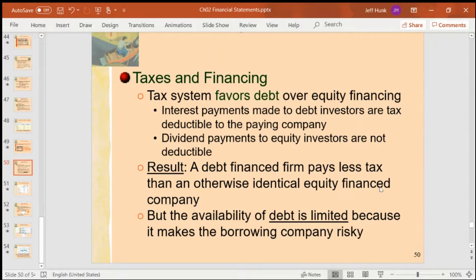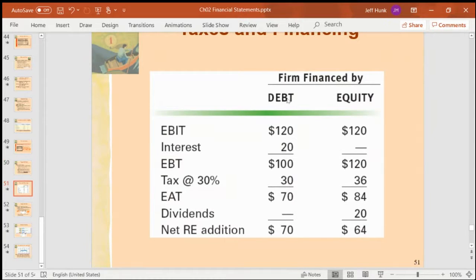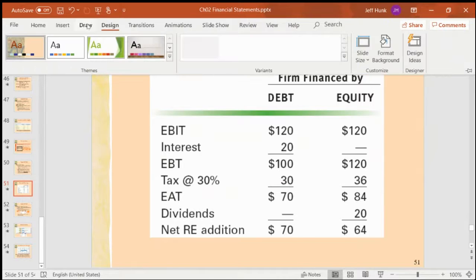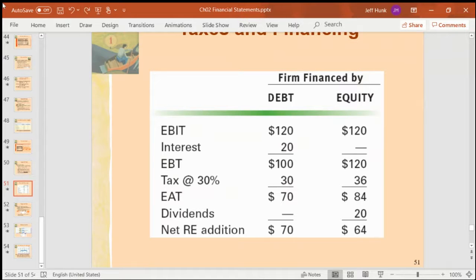So in other words, using debt has an advantage, which is especially obvious when it comes to taxation. A simple example, let's take a look at this. Assume two firms.